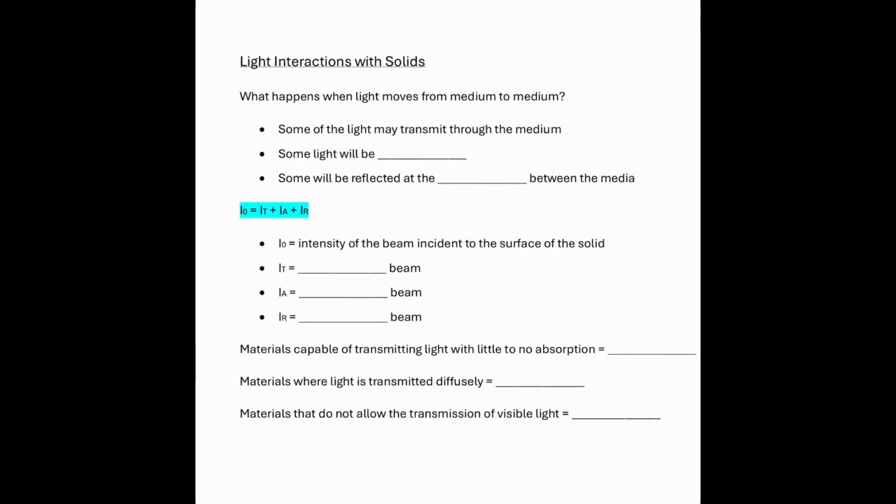Next up, some light could be absorbed, as well as the light could be reflected at the interface between the media.